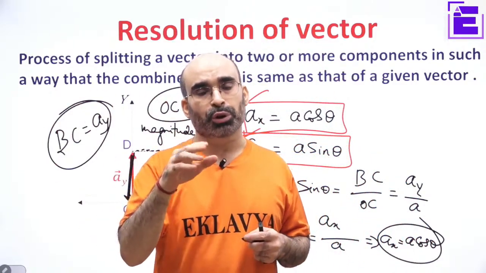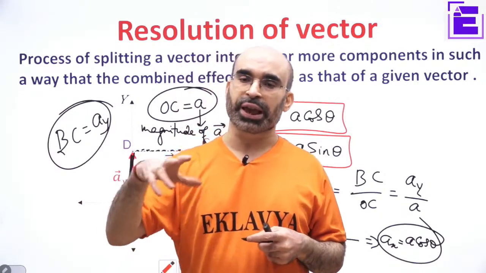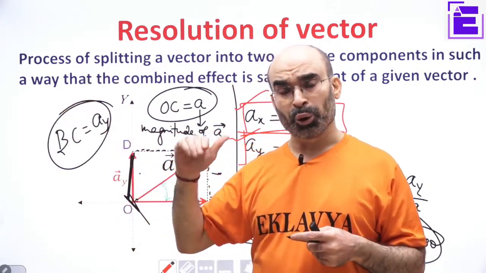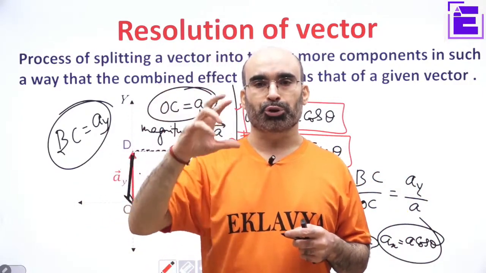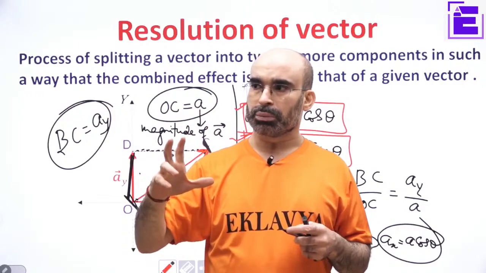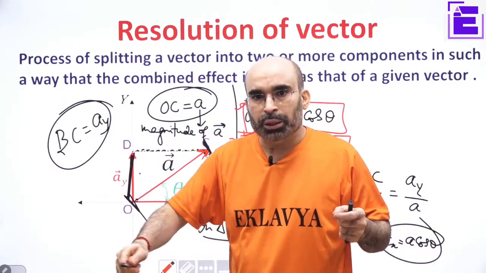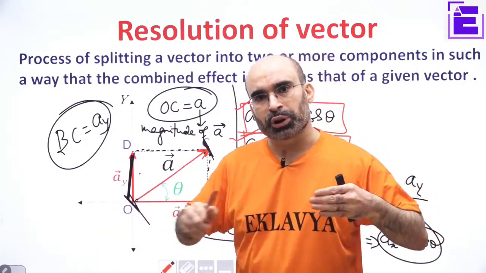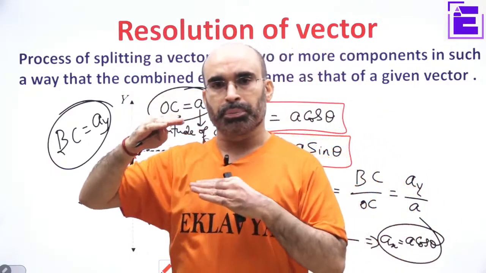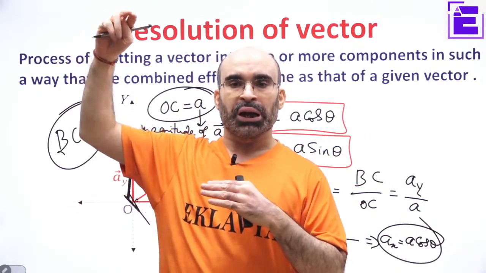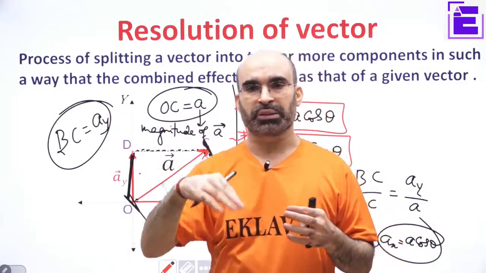So velocity also has several components. You may not say that it is only along the x-axis. If you are describing the motion of, let's say, an aeroplane, it is going linearly also, it is going up also, so its movement is in 3D space.